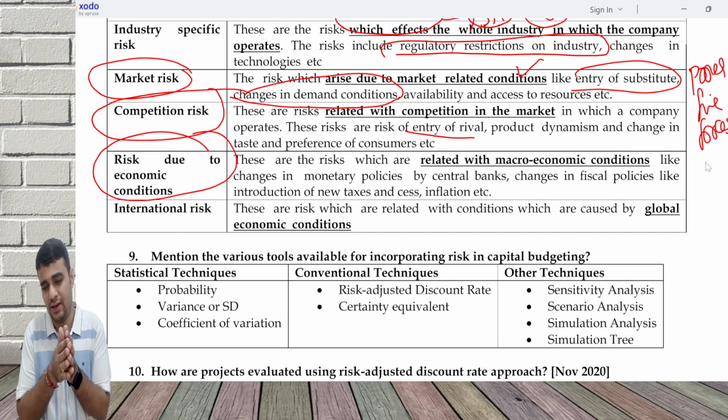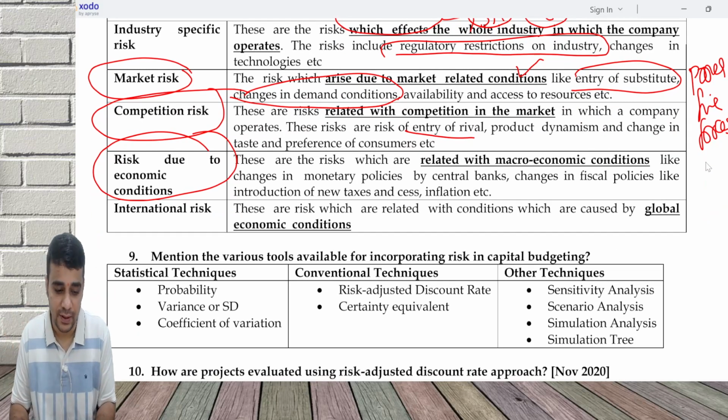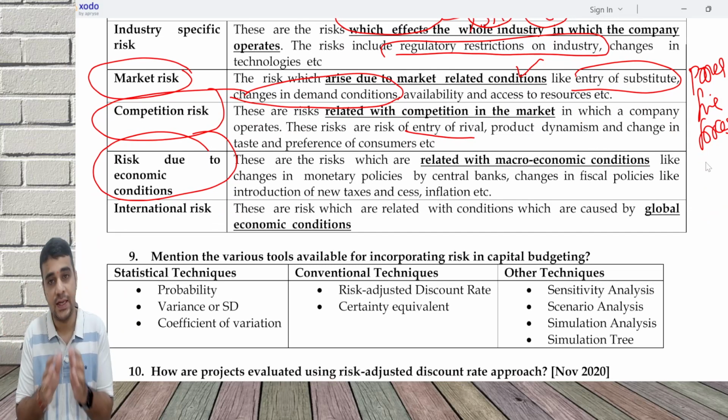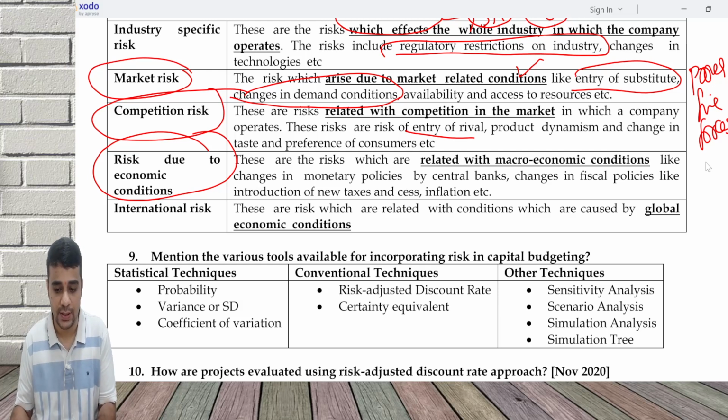This is just a broad overview of the different types of questions we have solved. One is the statistical technique, where we have probability, variance or standard deviation, and coefficient of variation. Conventional techniques: we had the RADR approach and the certainty equivalent approach.